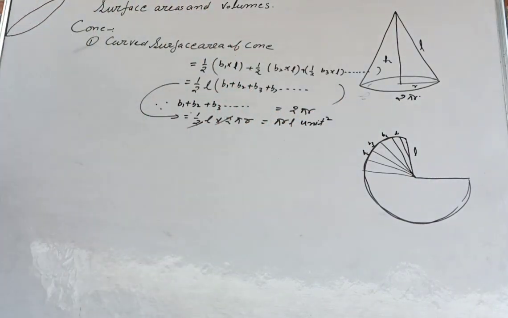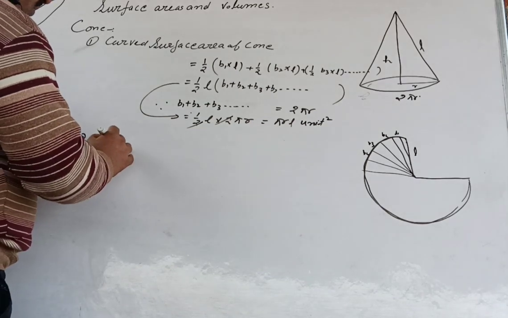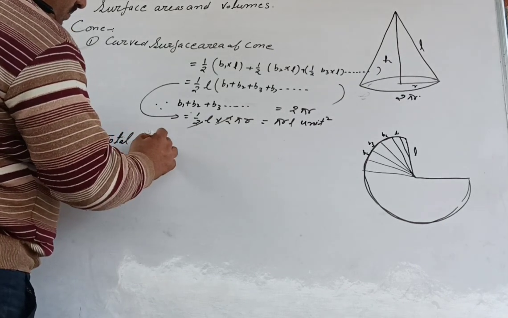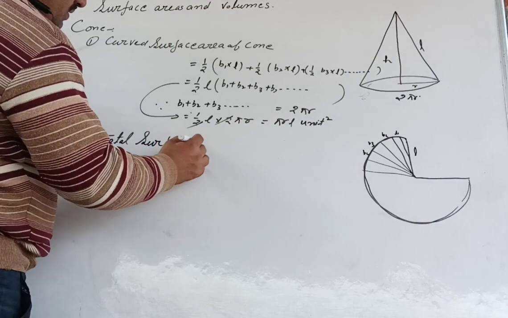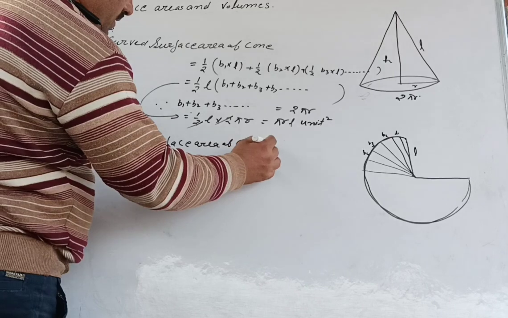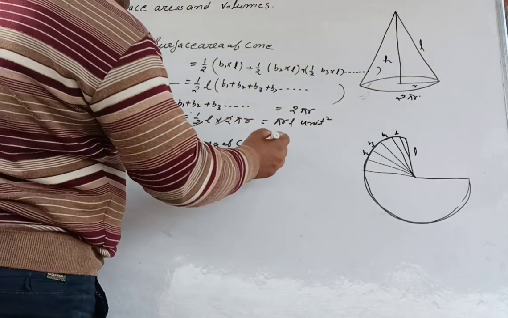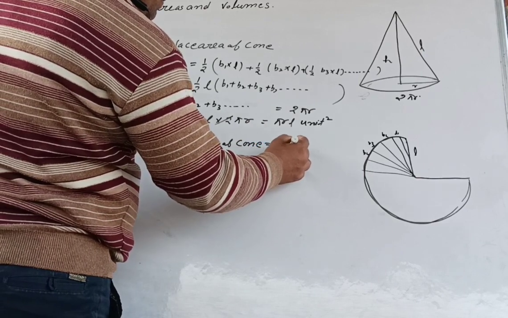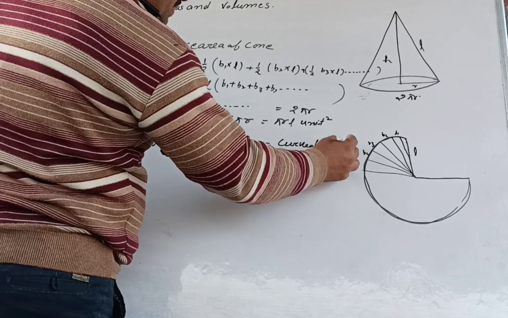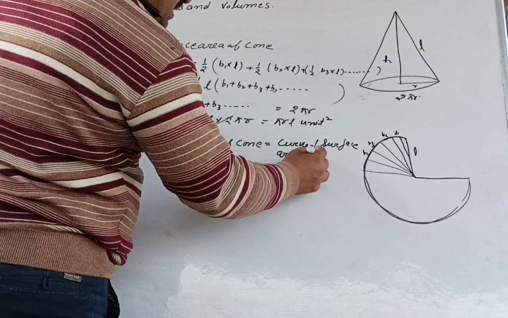Total surface area of cone is equal to curved surface area plus area of one face.